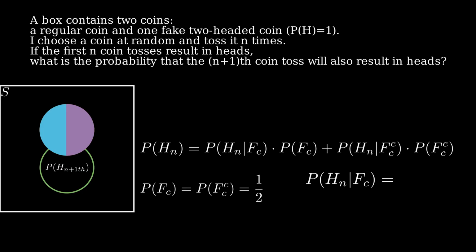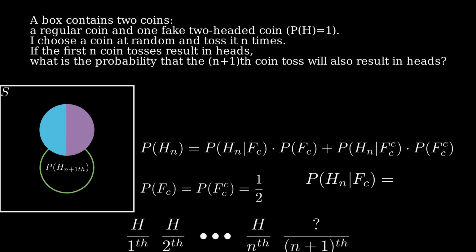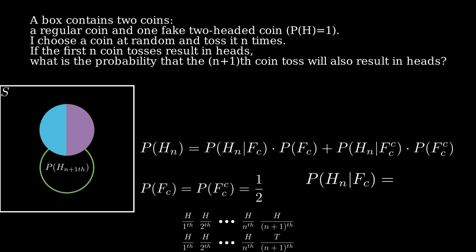The probability of Hn given a fair coin can be read as the probability of getting heads in the first n tosses with a fair coin. The question mark on the n+1 coin toss can be either heads or tails. It means that we have 2 possible outcomes. The sum of their probabilities is the following.